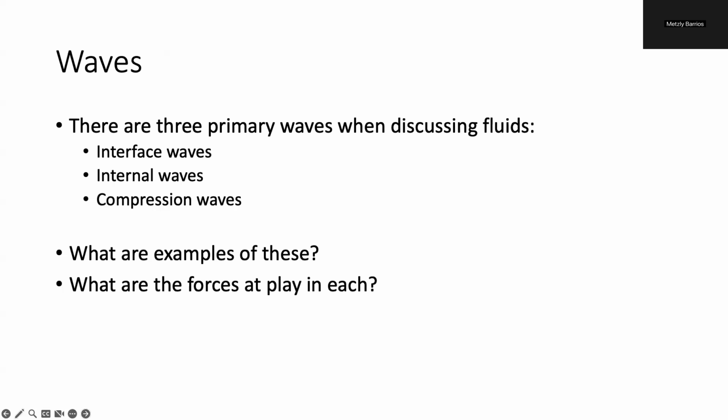So if I were to draw, and I'm going to give away some of this, let's draw a couple different examples here. Let's imagine this is my air at the top. And this is my water on the bottom. So the interface wave might look like that.